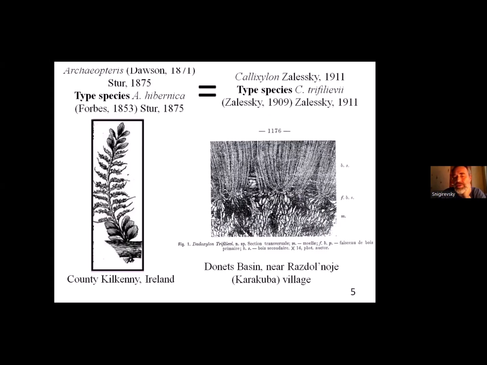Two years later, Zalessky understood that it was not Dadoxylon wood but a separate genus. He gave this wood the name Callixylon, and Callixylon trifilievii is the type specimen of this genus.